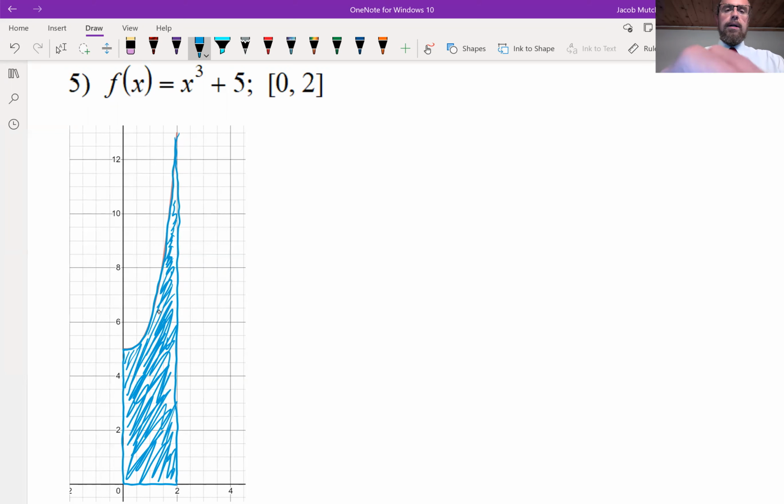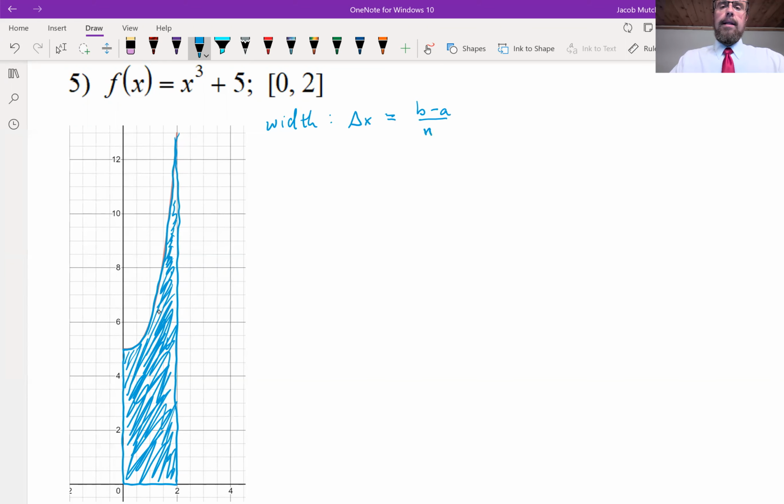We'll start by saying what the width of each rectangle is going to be. We'll call this delta x, so we are thinking of width in terms of the x dimension. The way that we're going to calculate delta x is using the formula b minus a over n.